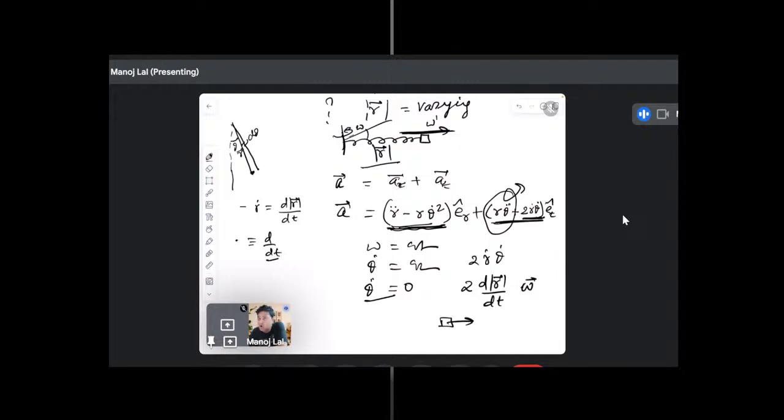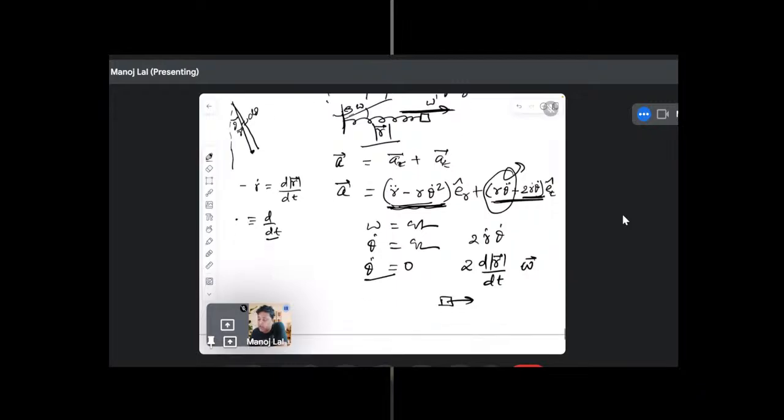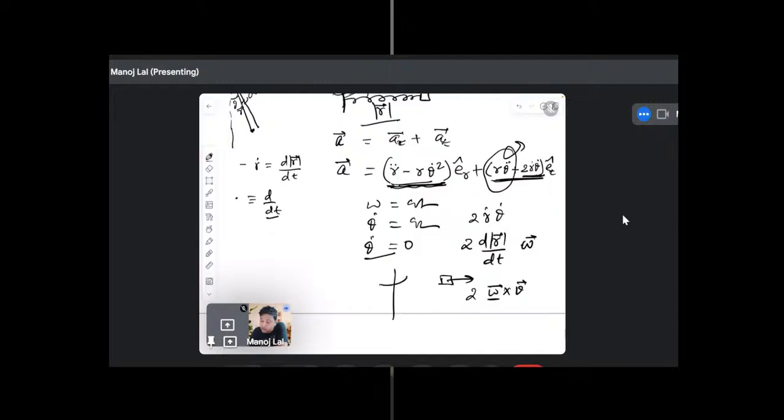So basically there is a cross product. In fact it is 2 omega cross v. This omega is the angular speed of the rod about the axis, and v is the motion of the bead along the rod.